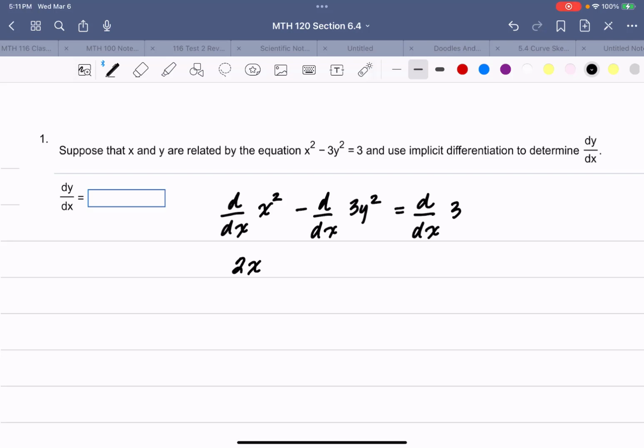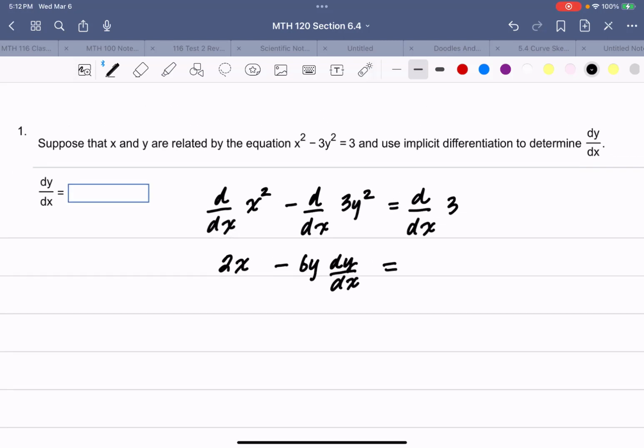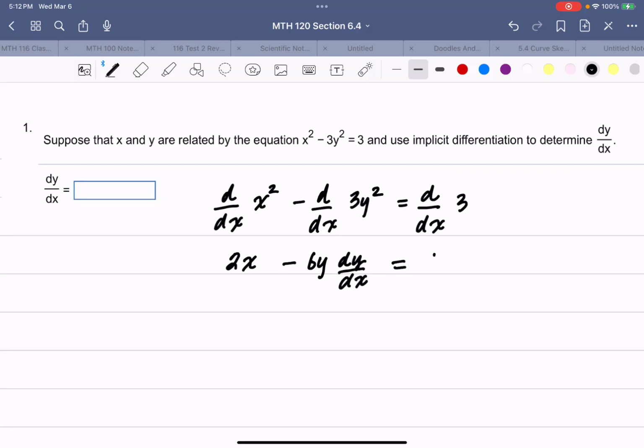And when we get to the 3y squared term, we go ahead and take the derivative. That's 6y. And we've got to do the chain rule for that base and say the derivative of that y with respect to x. Then we have the derivative of 3 with respect to x is going to be a 0.